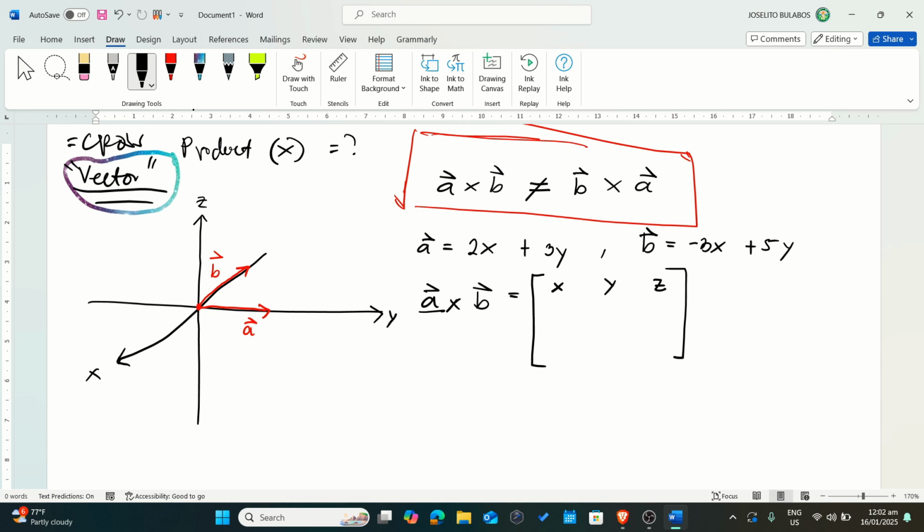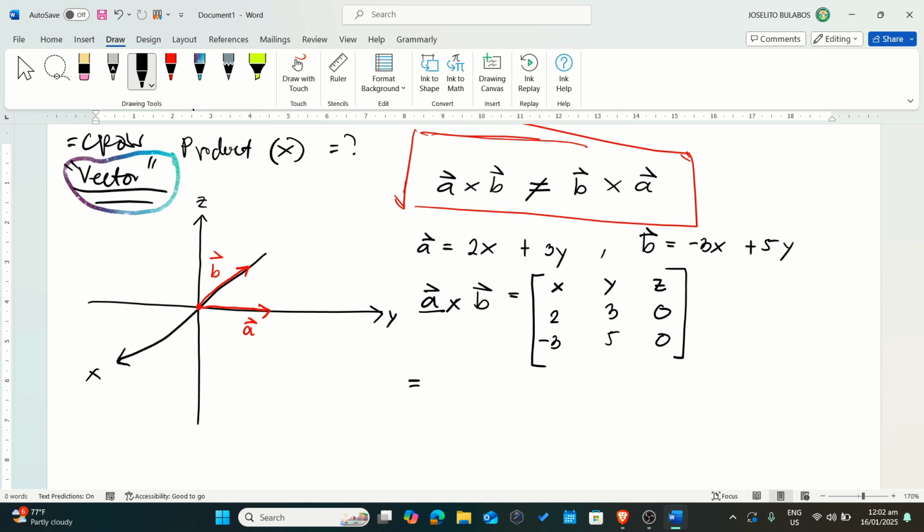Let's say for x, the coefficient here is 2, place that one here. The coefficient of y is 3, and since we don't have any z, this becomes 0. For B, same, the x term, get the coefficient that is negative 3. For the y, that's positive 5, and then there's no z, so it's 0.